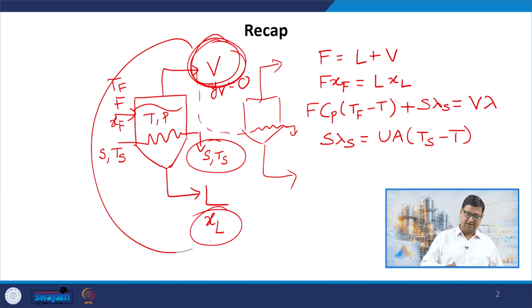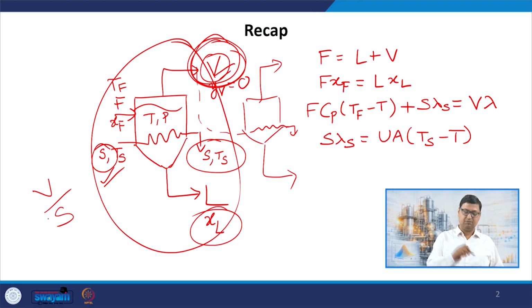By doing that, I am going to improve the steam economy, because if I am having a single effect, then this steam gives me a certain amount of vapor, and the steam economy is simply determined by the vapor produced by the steam that is fed. But with this arrangement, we can have, let us say, the same V and some V prime coming from the subsequent effect.